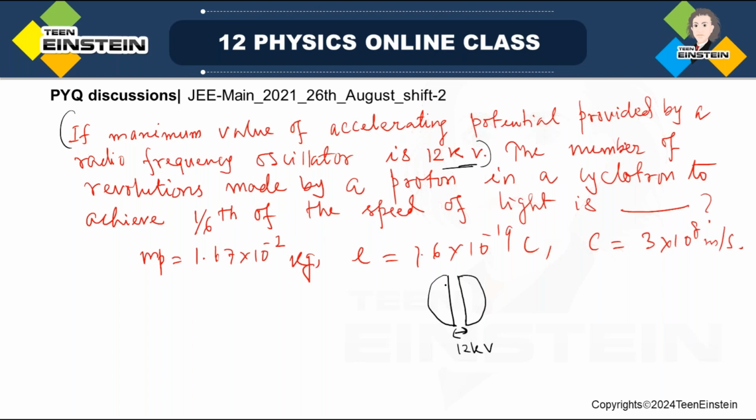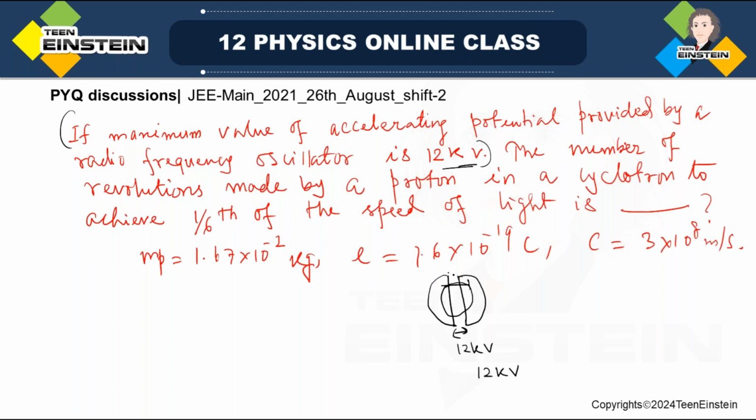So every time the proton jumps from one D to another D, it will be accelerated by 12 kilovolt. For a complete revolution, it is accelerated by this radio frequency oscillator twice, right?